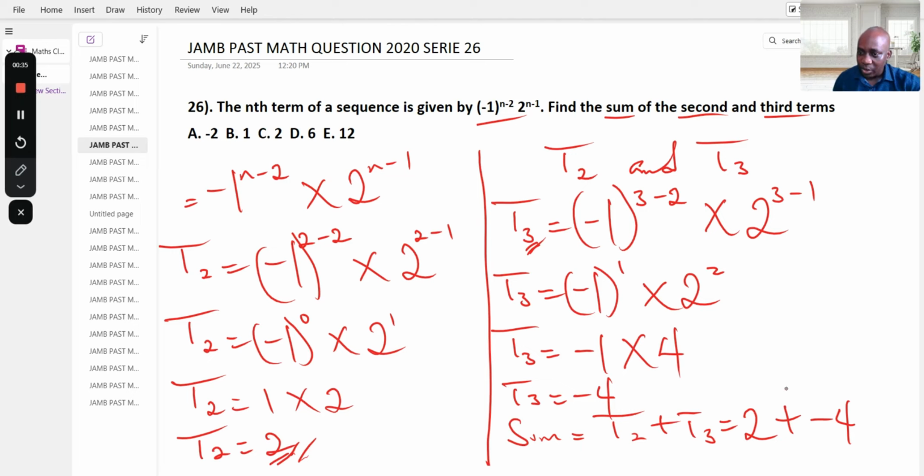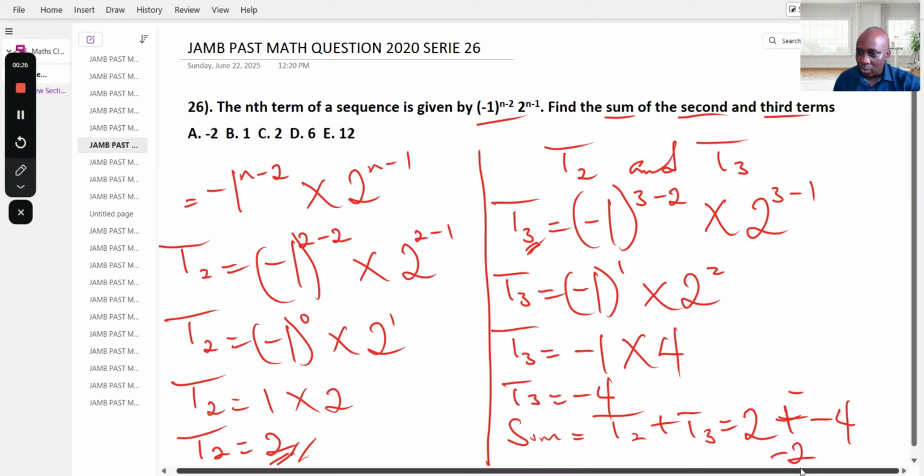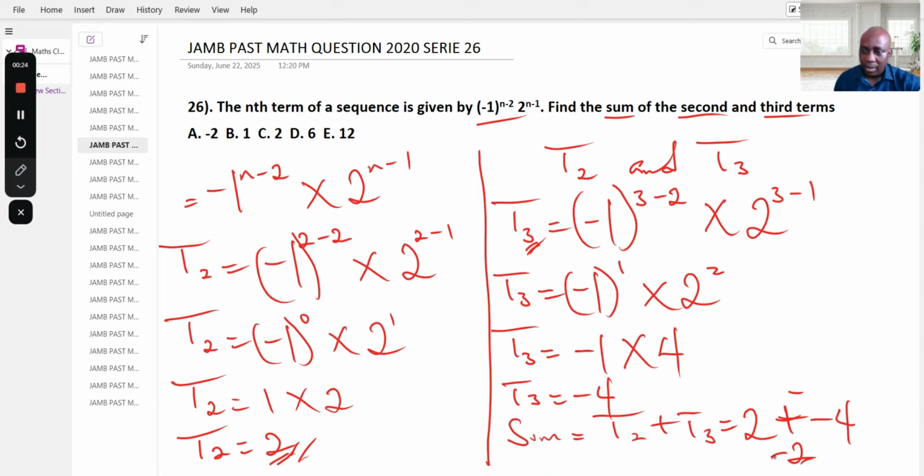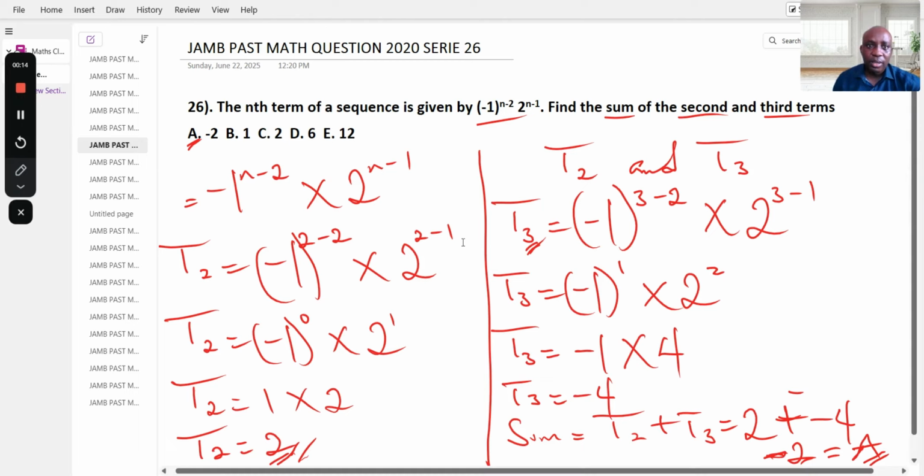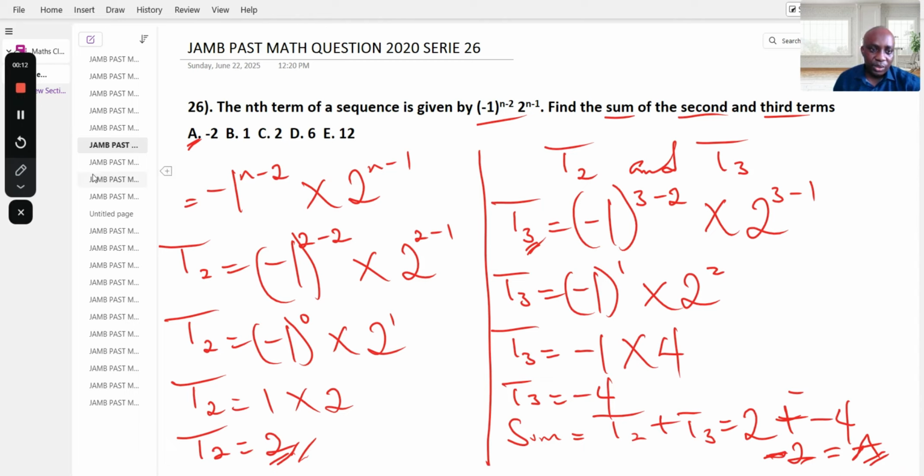Plus times minus gives us minus. Therefore, 2 minus 4 gives us minus 2. Our final answer is minus 2. Do you have minus 2 there? Yes, A. Our correct option is A. Let's move to the next question.